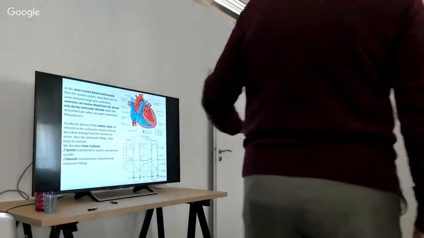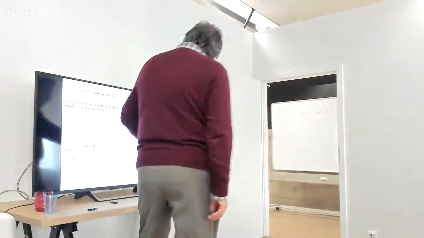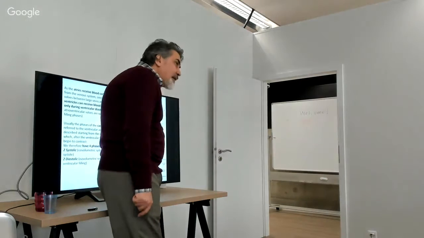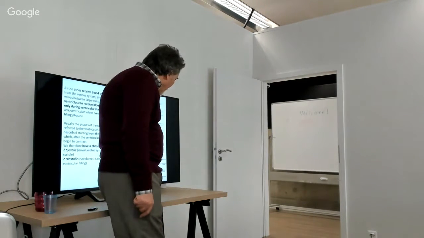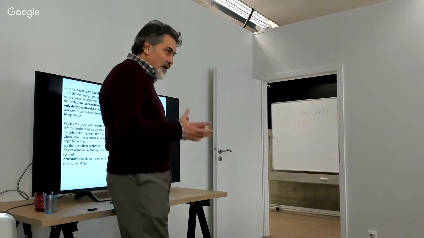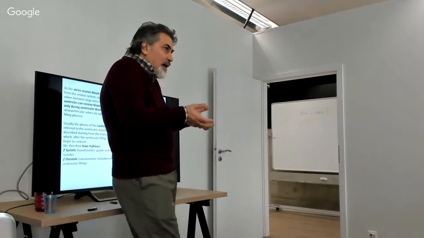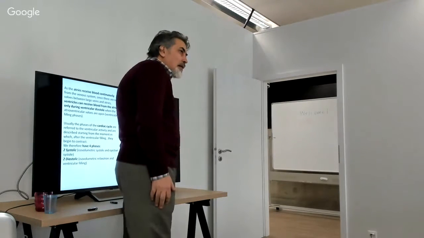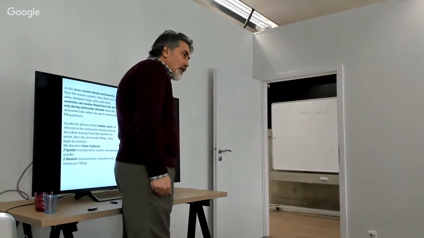P is the depolarization of the atrium. First we have the depolarization of the atrium, and a little bit later the contraction of the atrium. The atrium depolarizes and then contracts. P is called the depolarization of the atrium.